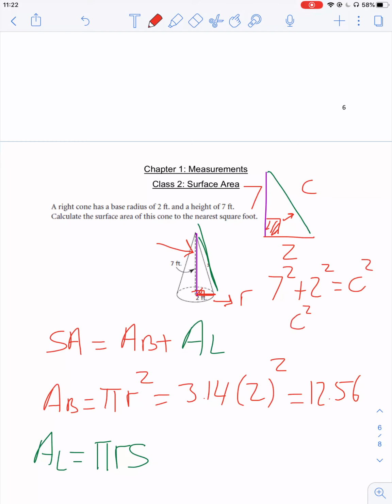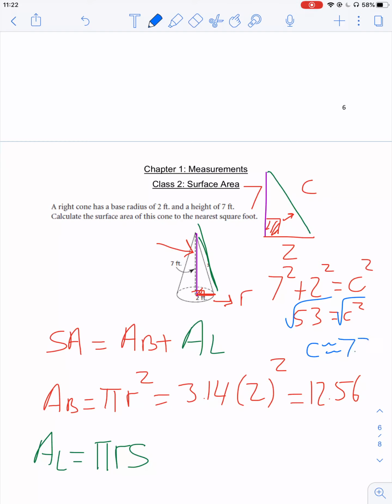So 53 equals c squared, and then you can easily solve for c by taking the square root, because the square root is the inverse of squared. So c is roughly equal to the square root of 53, and that is 7.28.